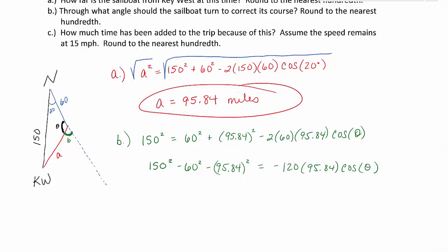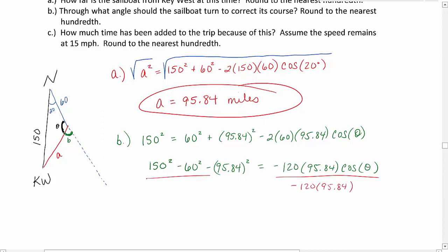Next, we will divide by this negative 120 times 95.84.